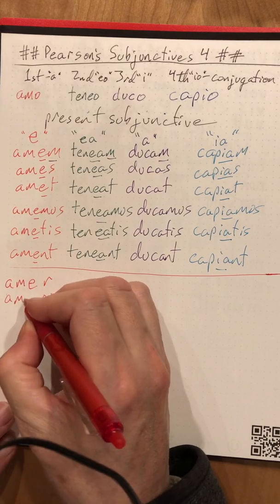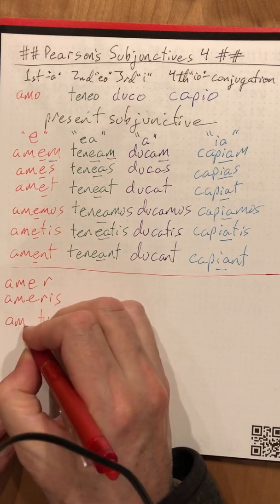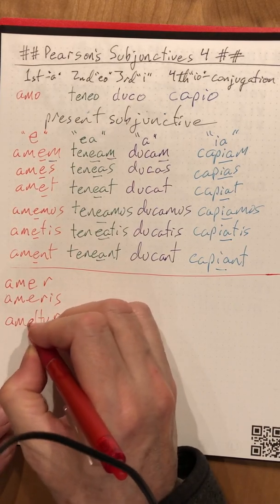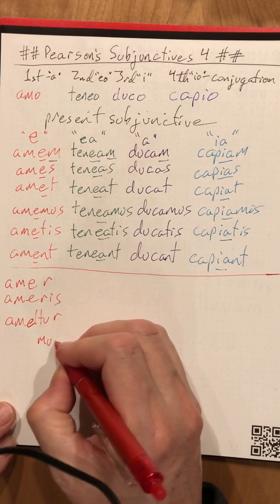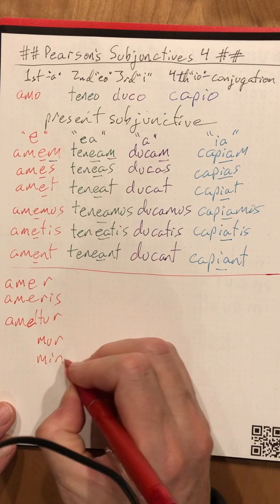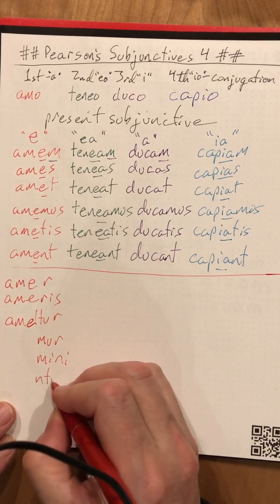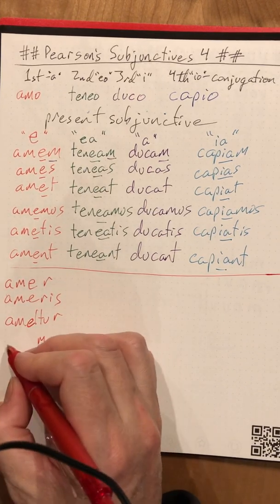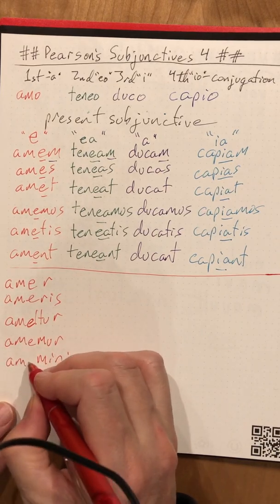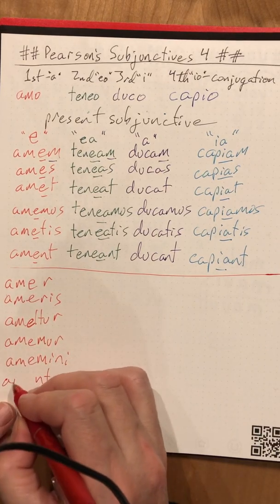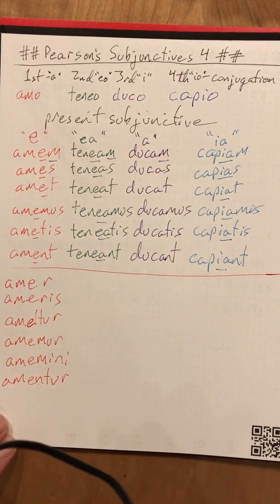Yep, works out just fine. Oops, already have a T there. And then what's the plural? mur, mini, and ntur. Put the stem in. Yep, works out just fine.